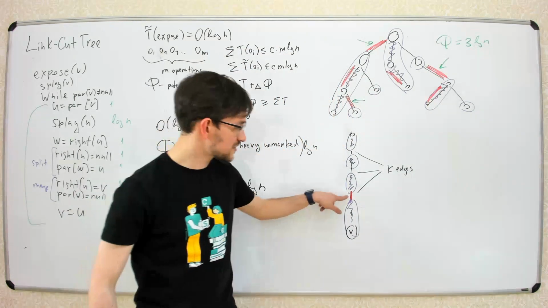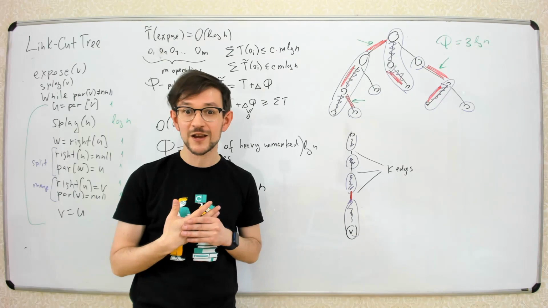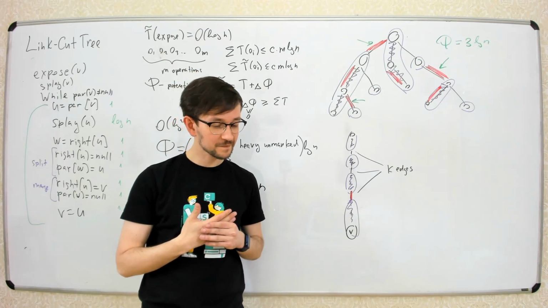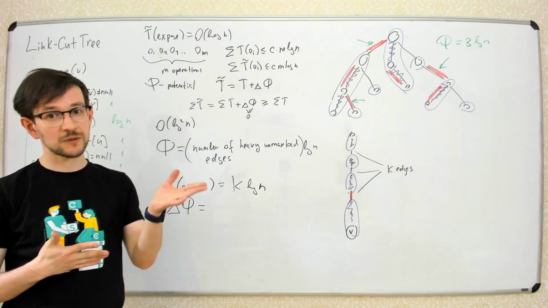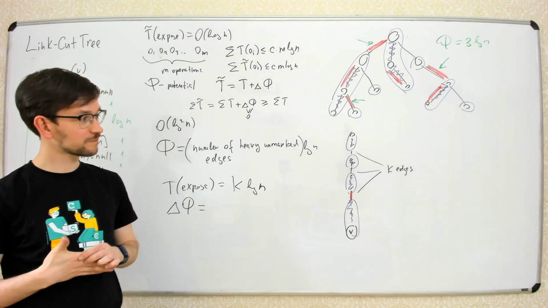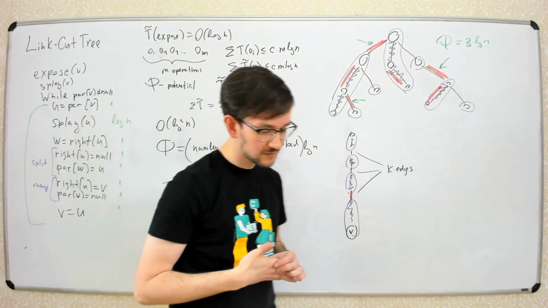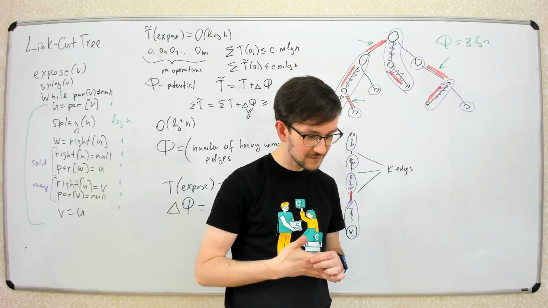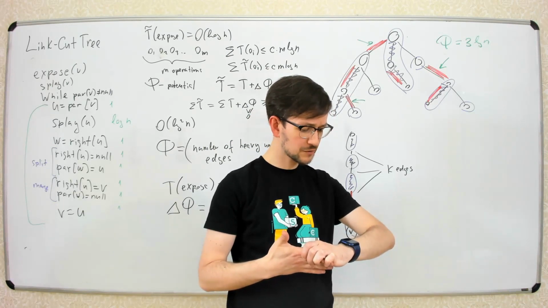So if you mark this heavy edge, how will it affect the total number of unmarked heavy edges? Okay, that's simple. Maybe I'm doing it a little bit too fast.